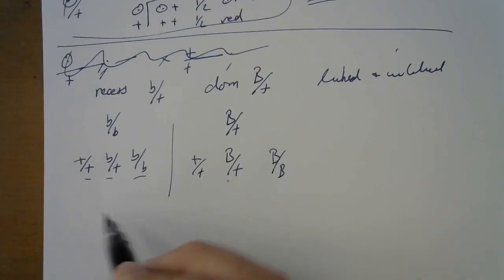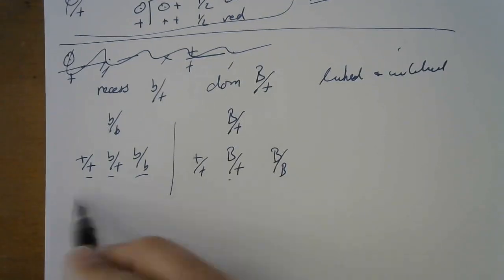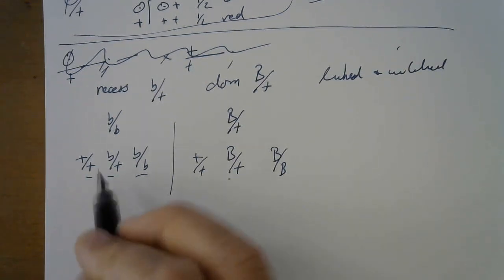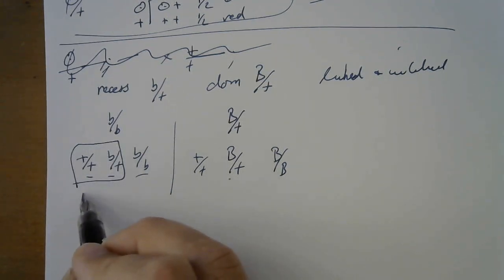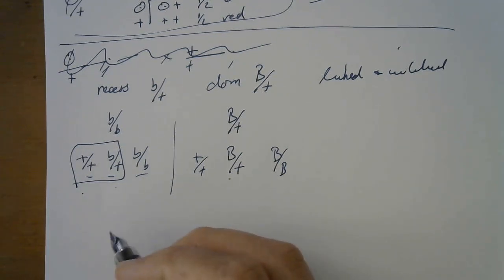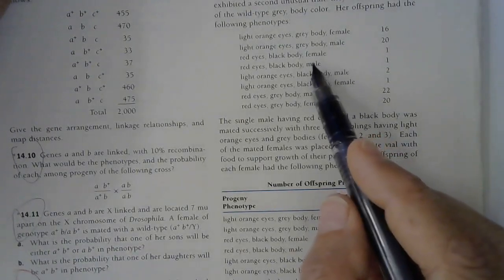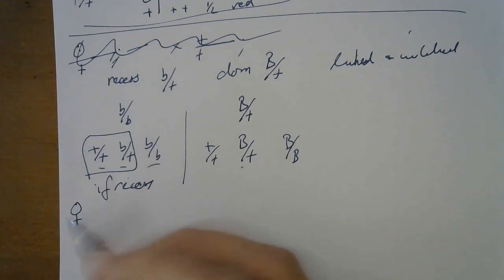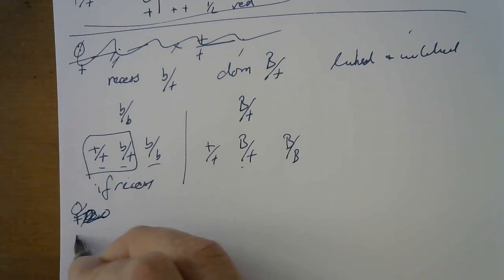So if we imagine then, let's start with recessive and see if this works. Let's imagine that the population is filled with some males of this sort and some of this sort, and we see that the offspring here do have black bodies. So if recessive, then the mother we're talking about, I'm going to call her female 0, because otherwise it looks like orange.